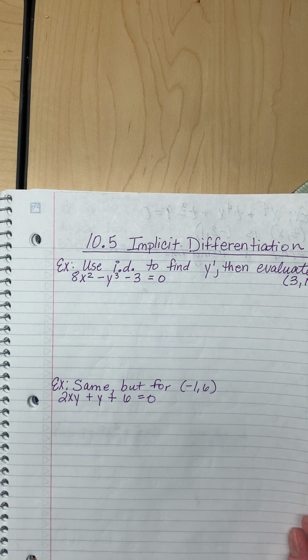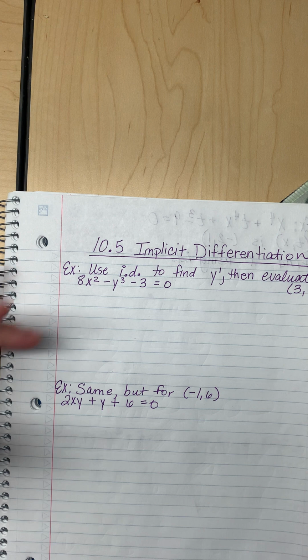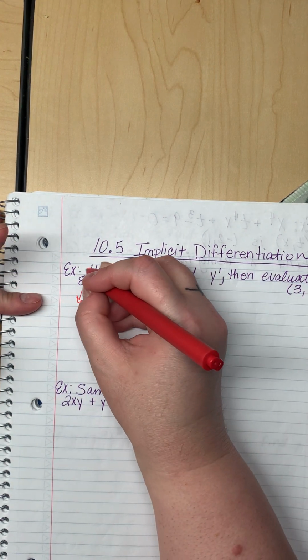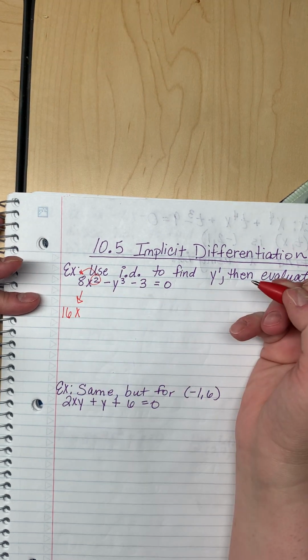Let's go. We're just going to do our normal derivative rules, but anytime I take the derivative of y, I have to put y prime. So this 8x squared, the 2 comes down in front and multiplies, and we get 16x.